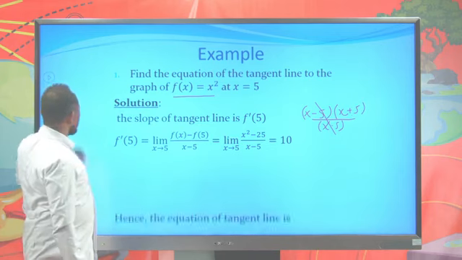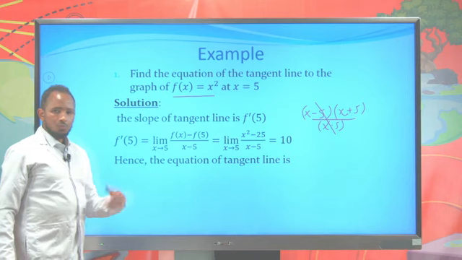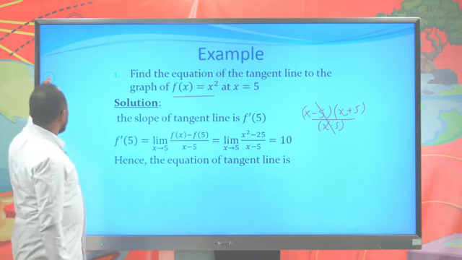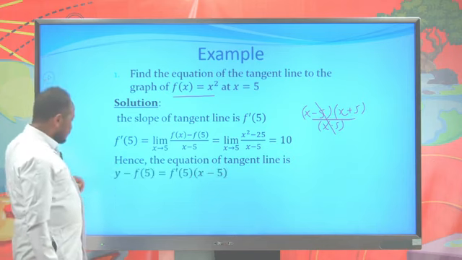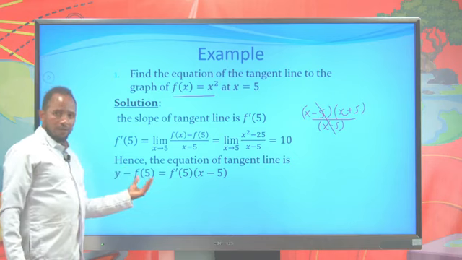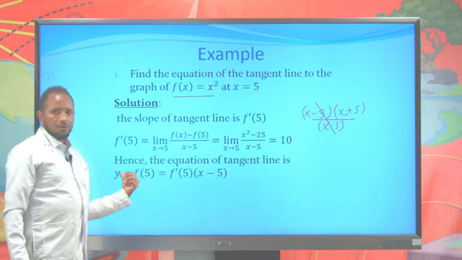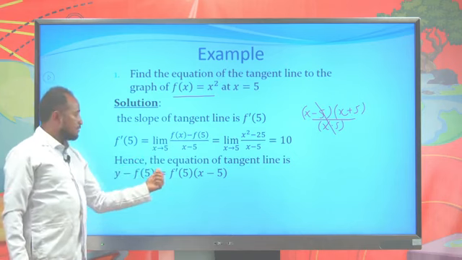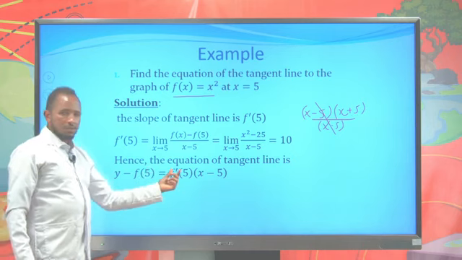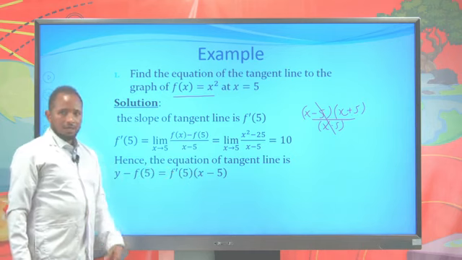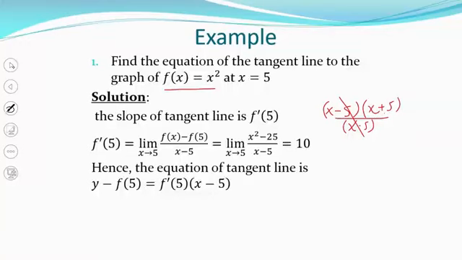So once we have found the slope, we can write the equation using the formula: y minus f of a, where our a in this case is 5. Y minus f of 5 is equal to the derivative at 5 times x minus 5. Putting in the result, f of 5 is 5 squared, which is 25.